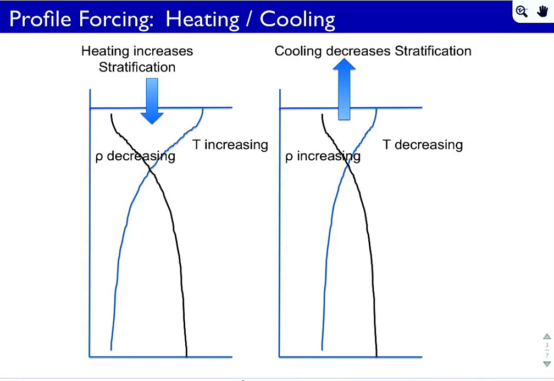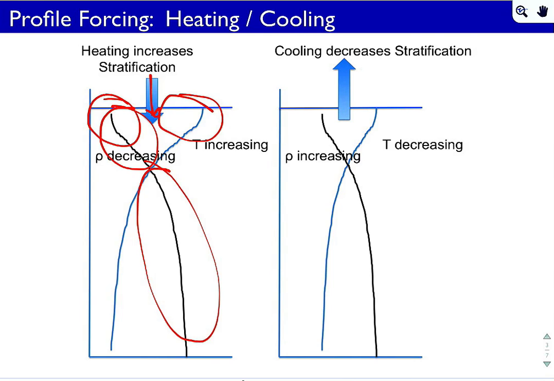So what does heating and cooling do to a profile? Heating of the water column increases stratification. It increases the temperature, which decreases the density. And stratification means that we have lower density fluid overlying higher density fluid, meaning it is a more stable water column.